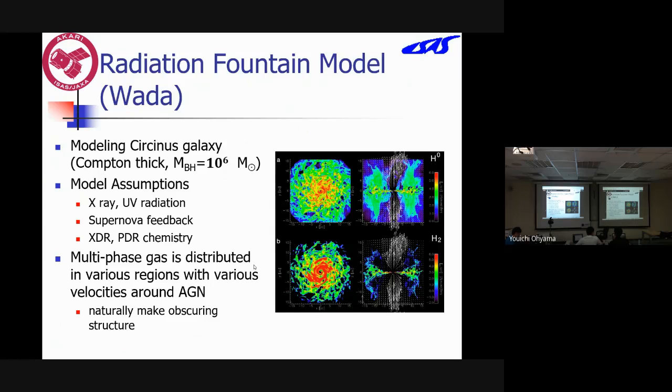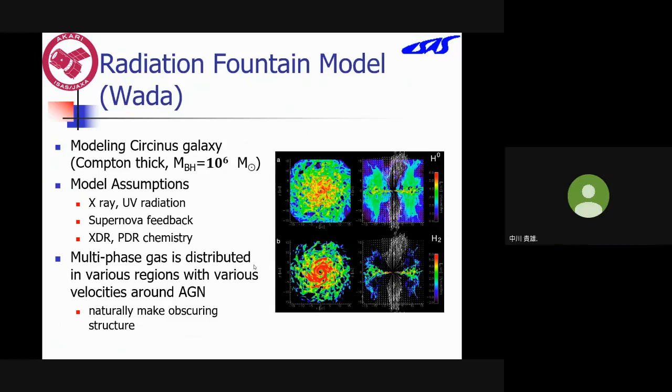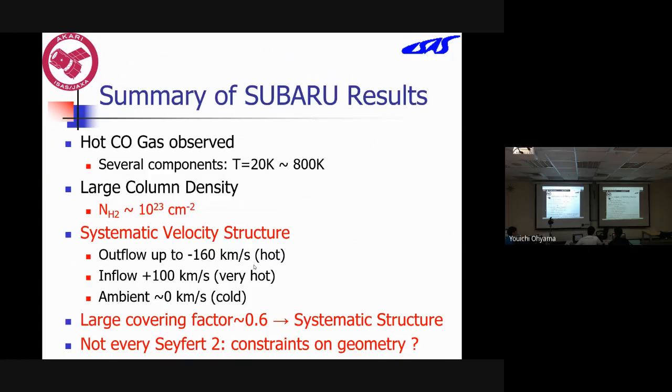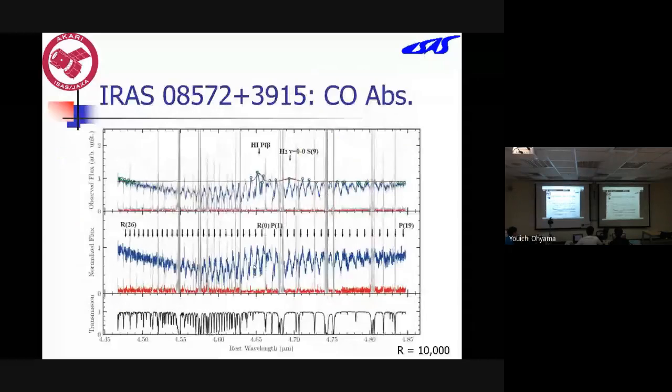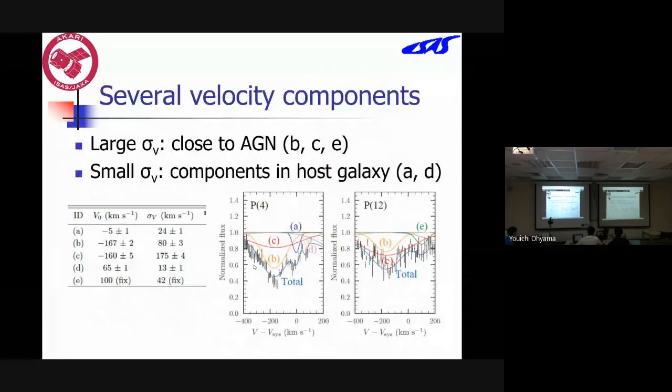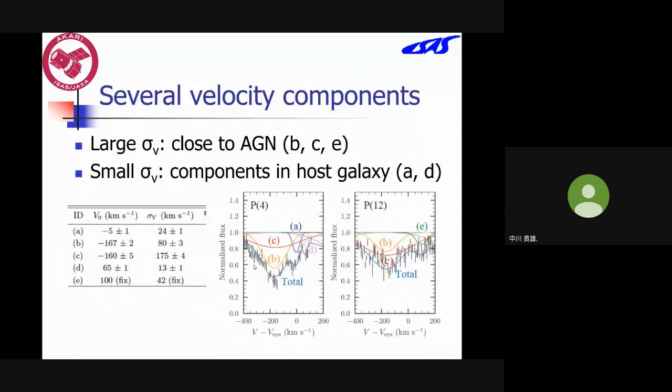Related to this question, you also detected the inflow motion of gas. Is this inflow material consistent with the observed, say, Eddington ratio? Again, the Mdot depends on the assumptions we have, but right now the mass flow rate derived from this component E, the inflow component, is something like 0.1 solar mass per year.